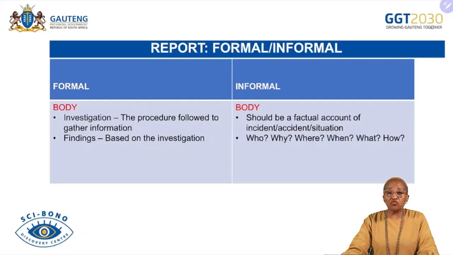Let's have a look at the informal report, the body thereof. When it comes to an informal report, your body should be made up of a factual account of incidents, a factual account of an accident, or a factual account of a particular situation. And in that account, you would be addressing who did what. Why was that done? Where was it done? When?